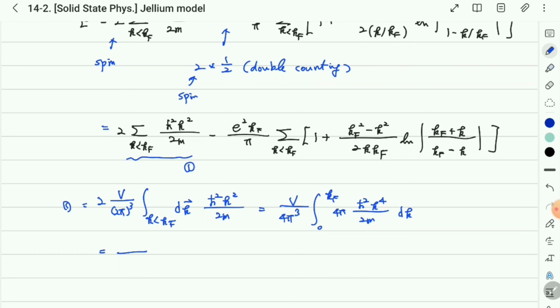It is 2 pi V over 2 pi square m times h bar square, and kf to the 5. Therefore, it is V over pi square and 10 m, h bar square kf to the 5.